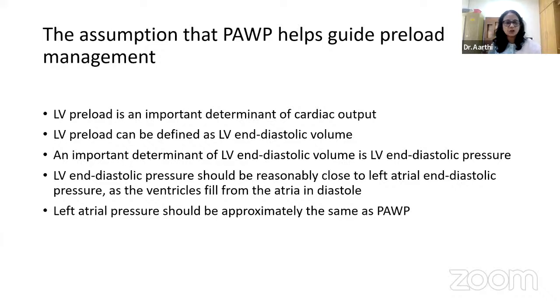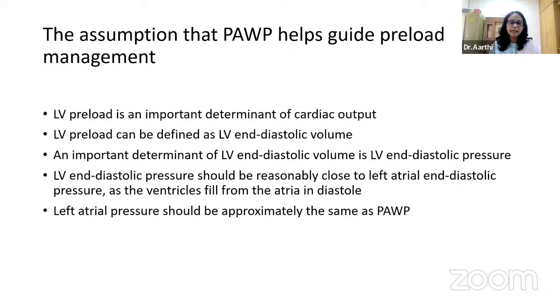So LV end diastolic pressure is a close reflection of the left atrial end diastolic pressure as the ventricles fill from the atria, and we assume that both the atrial and the ventricular compliance are normal. So in those scenarios, the left atrial end diastolic pressure is similar to the left ventricular end diastolic pressure.